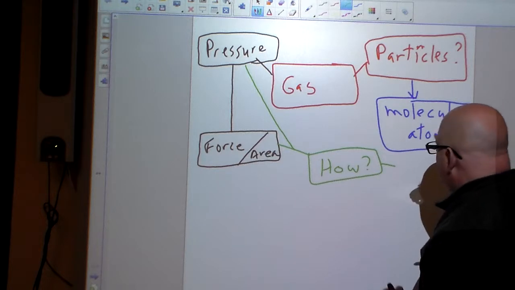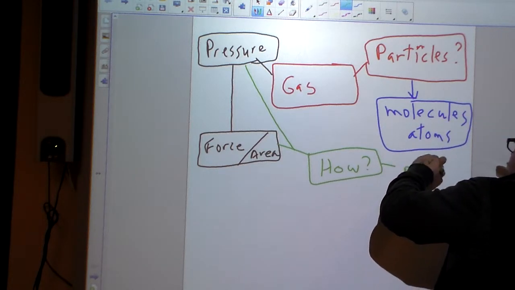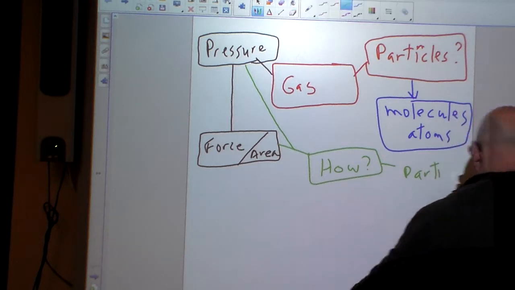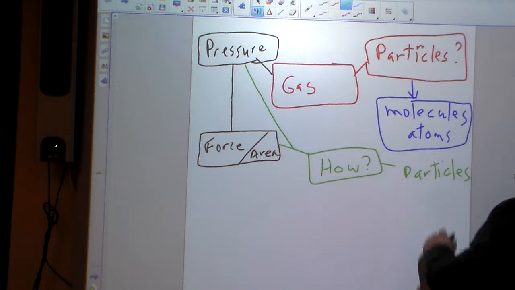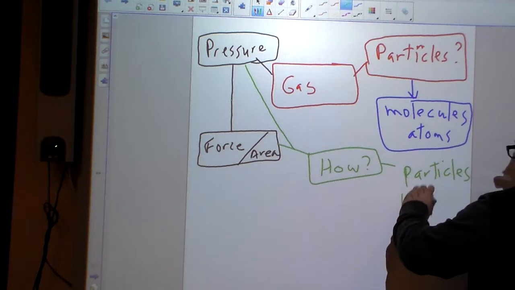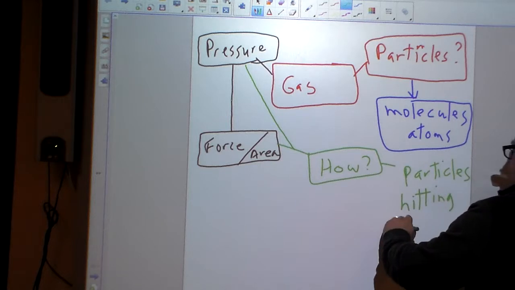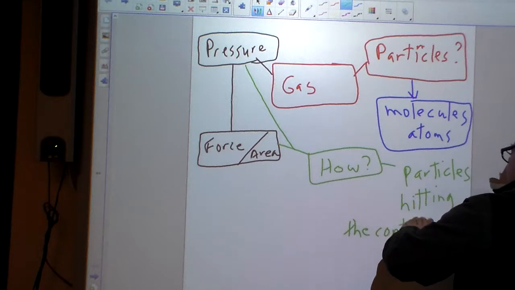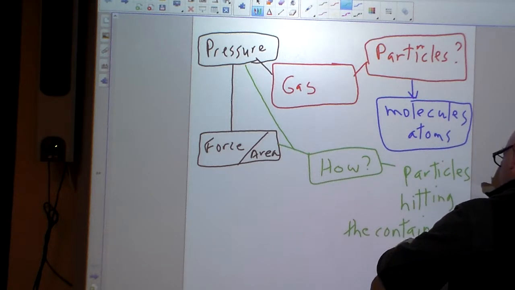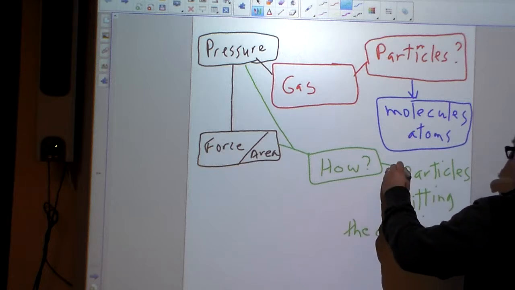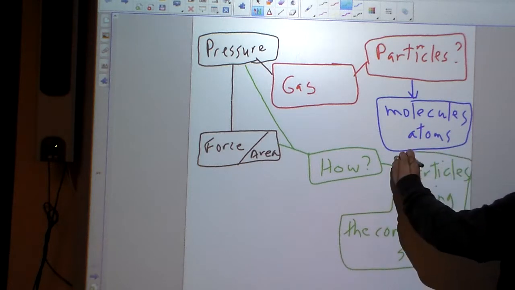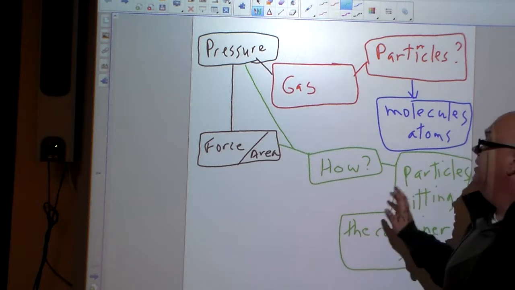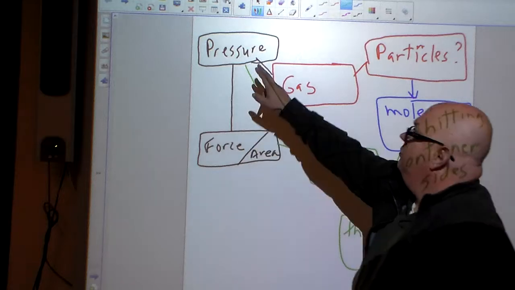If you think about it, particles inside a container are hitting the container sides. That, ladies and gentlemen, is what's going on. The particles hit the container sides, and that's how we end up getting pressure, because of force over area.